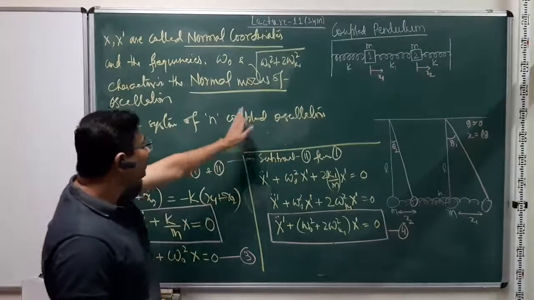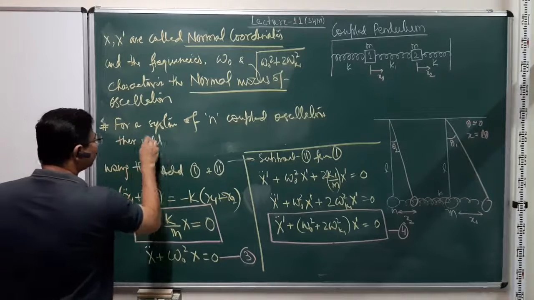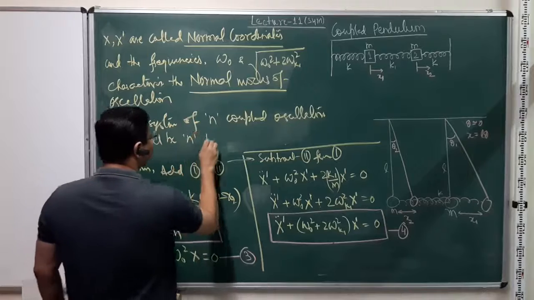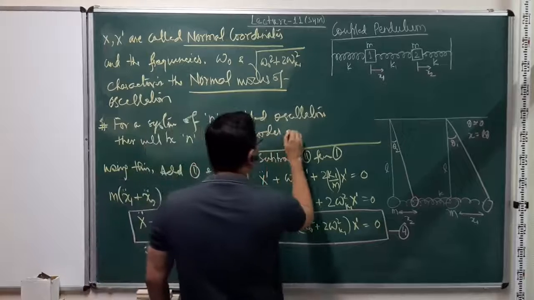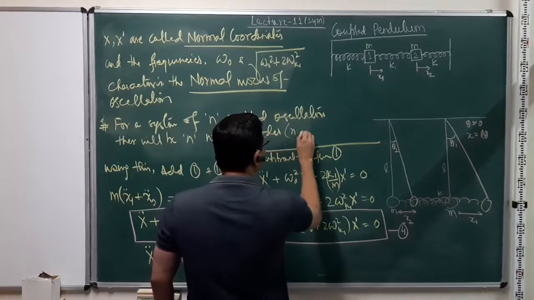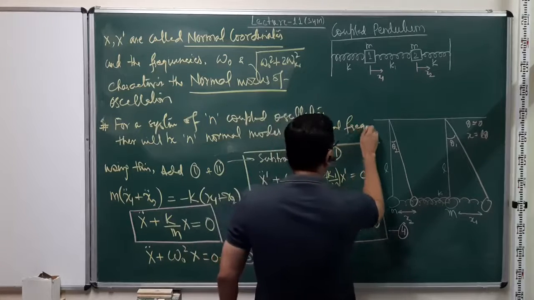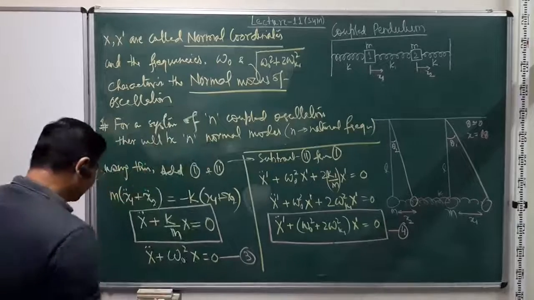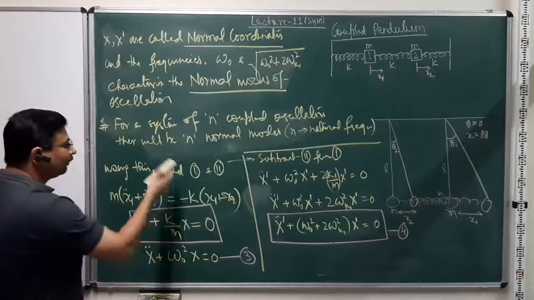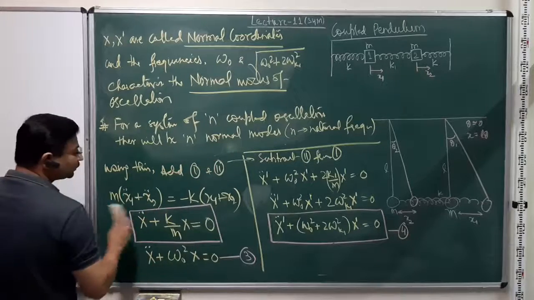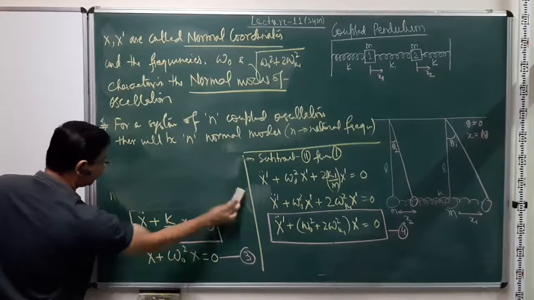So for a system of n coupled oscillators, there will be n normal modes, and that means n natural frequencies of oscillation. Anyway, that is a statement for the time being, but I am not going to go into detail on this. So now let's come back to our problem and start writing the solutions of these two normal coordinates.